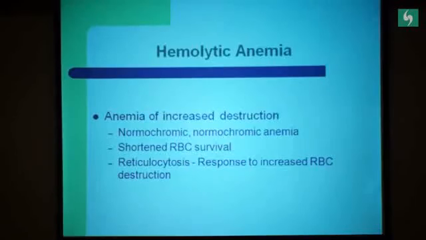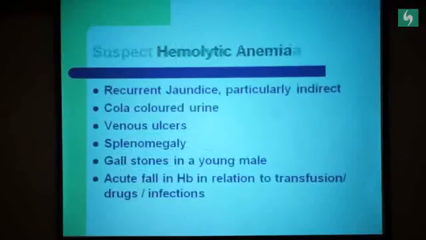When do you suspect hemolysis? You suspect if there is recurrent jaundice, particularly of the indirect type, and I mentioned that B12 deficiency is something which you need to first look at. There is history of cola colored urine, a patient having venous ulcers. We have these patients of hereditary spherocytosis who present with venous ulcers which are non-healing.